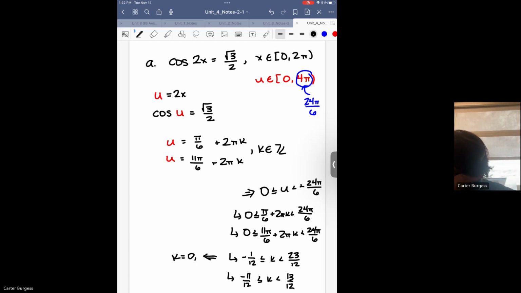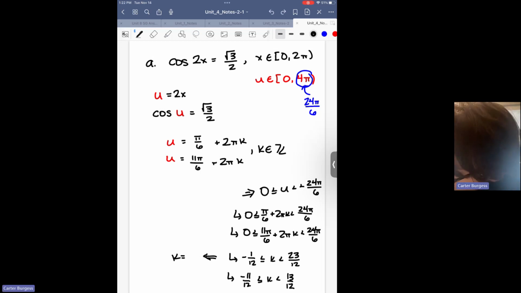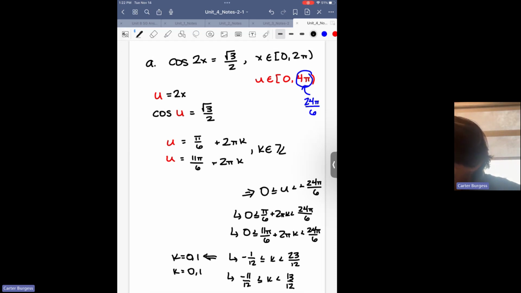I get 0 and 1. And then same thing for negative 11/12 and 13/12, I get that this is also 0 and 1. So the values of k that will work for my first and second node are k equals 0 and k equals 1.